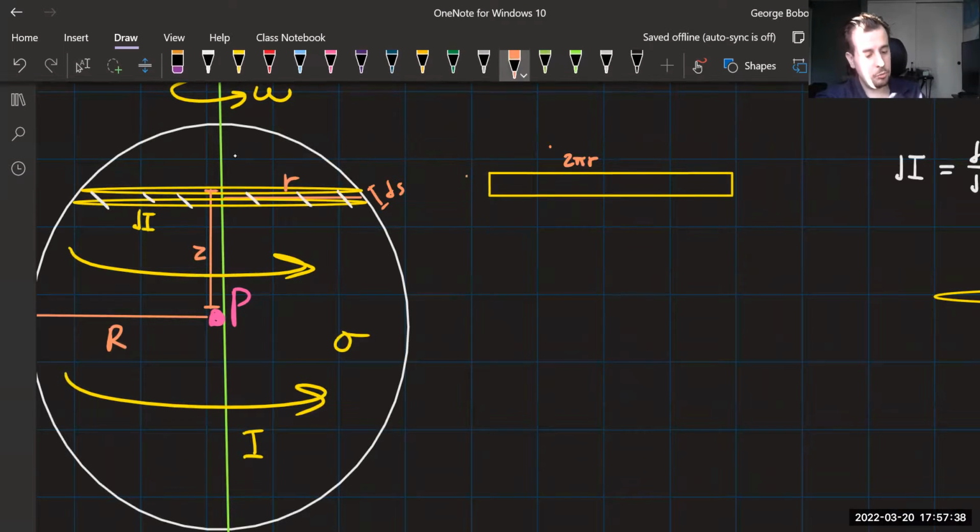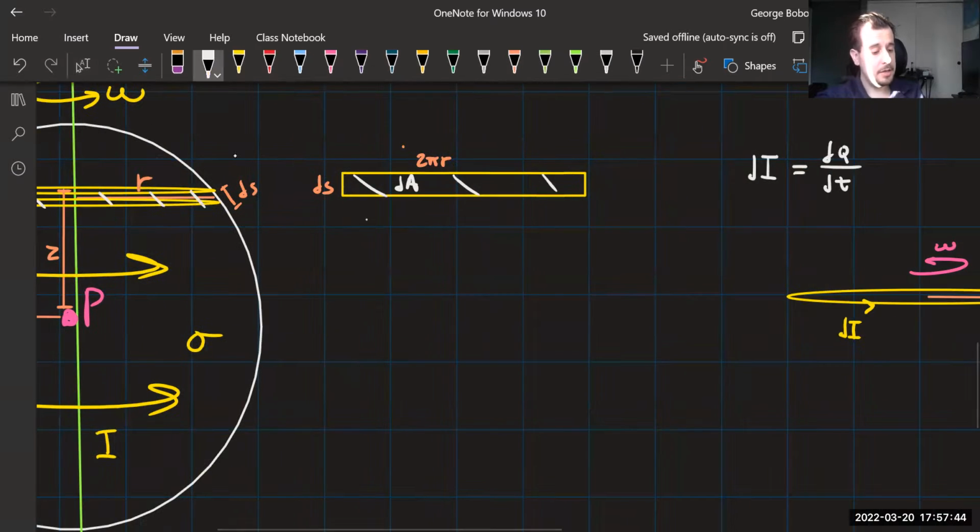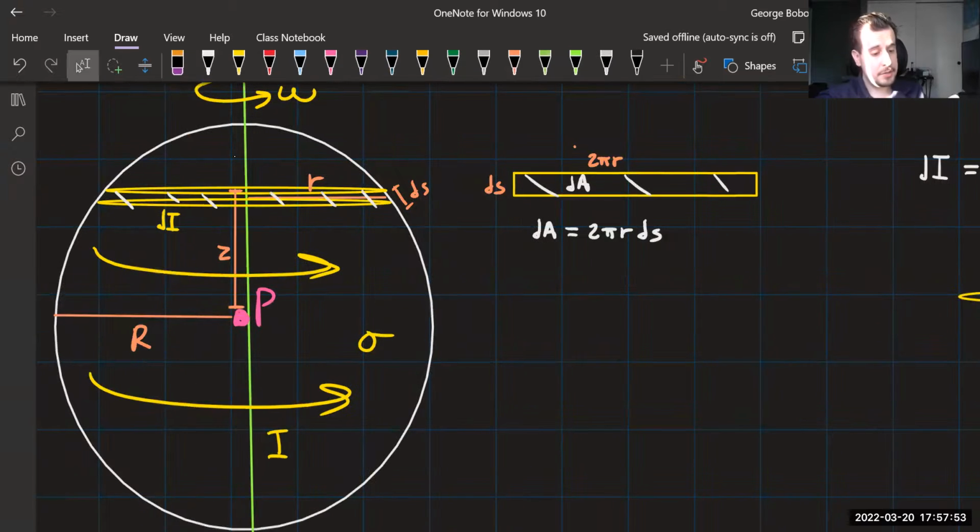Okay, so that's what we have. And if we want to find that little area, it's of course the product of 2 pi r and ds. What is ds? I'll remind you, we've seen this in the past.